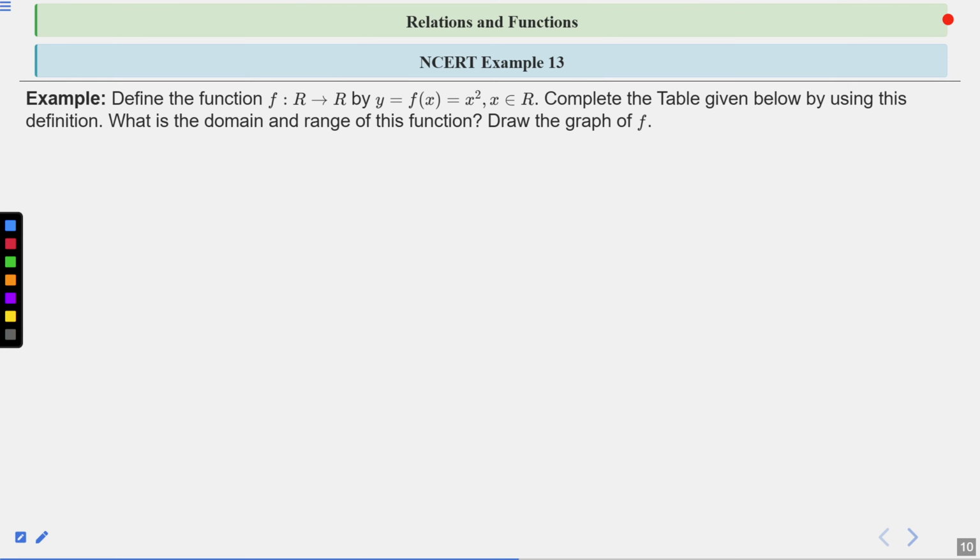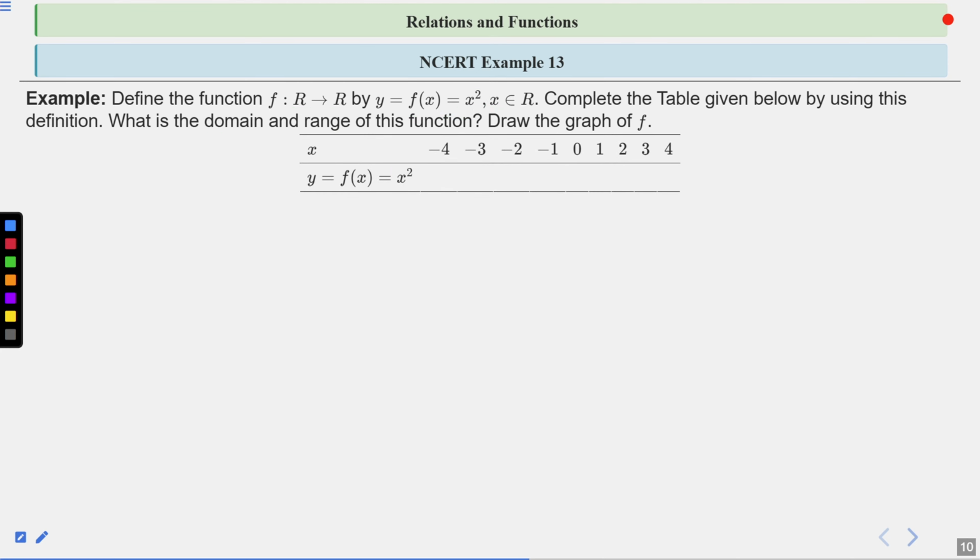Now this example. Suppose f from R to R defined by f(x) is equal to x square, where x belongs to the set of all reals, meaning input coming from the set of all real numbers. Then complete the table given below by using this definition, and answer what is the domain, what is the range of the given function, and also draw the graph.